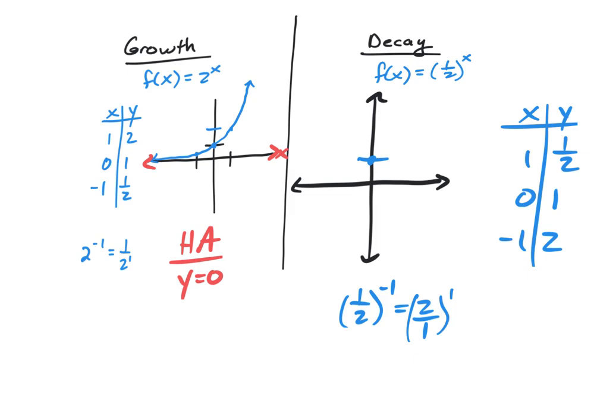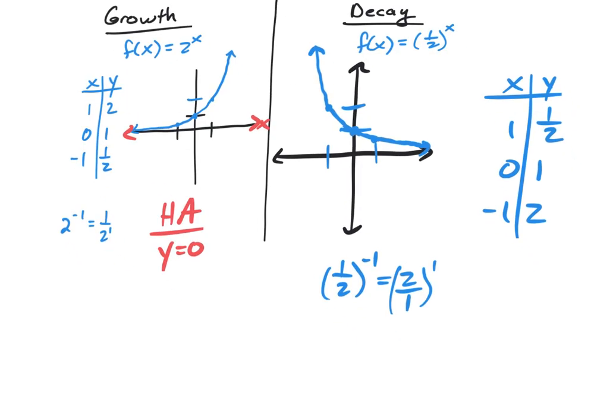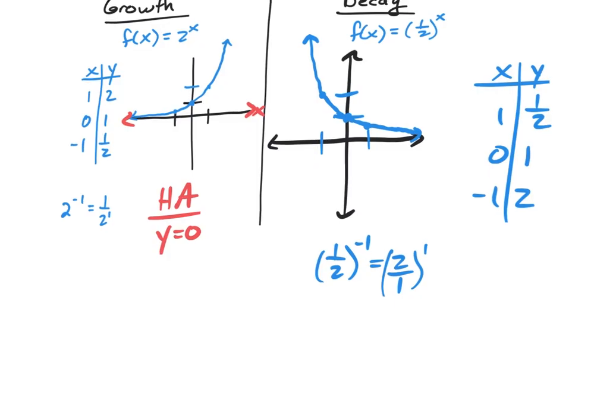So it's going to have kind of the inverse relationship of what we saw on the first graph. If I go over 1 and up 1/2, if I go left 1 and up 2, it's still a curve, right? But this time the graph starts up, and now as it's coming down, it's getting smaller, okay?